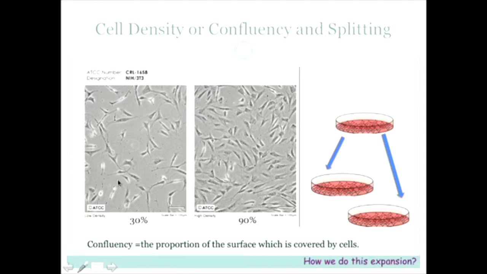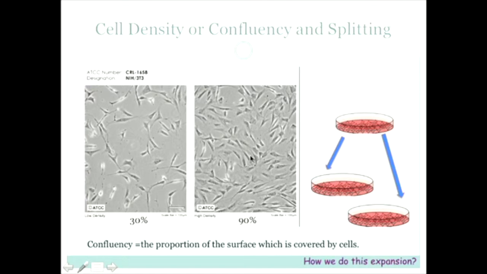For example, if I tell you that confluency is 30%, it means approximately one third of your dish is taken by cells, exactly like you can see here. And if I tell you my confluency in a dish is 90% or 100%, it will look approximately the same.